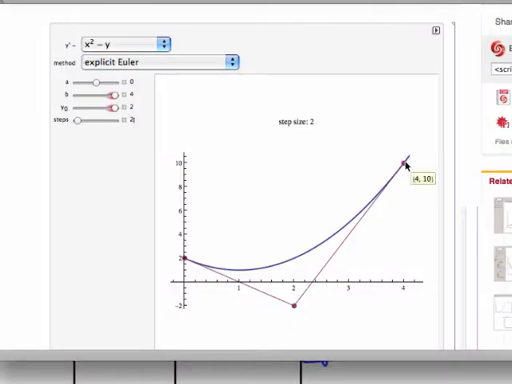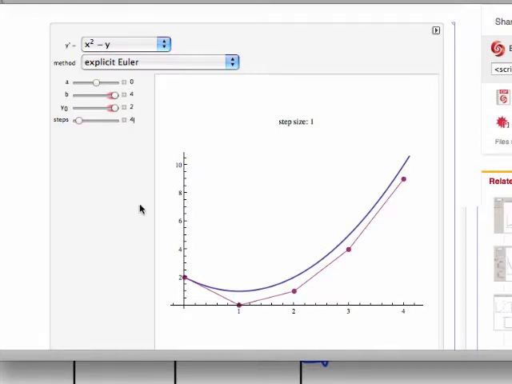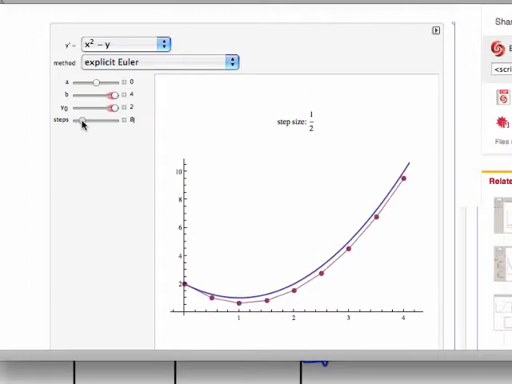Now I could continue doing this process with smaller and smaller intervals. If I did this with 4 intervals, so I get 4 tangent lines, starting y, add the change in y to get my new y, starting point, add the change in y to get my new y, do this over and over again, you'll notice that as I make the intervals smaller and smaller, all of my little tangent lines put together, all my linearizations as we call it, get closer and closer to what the actual solution is.